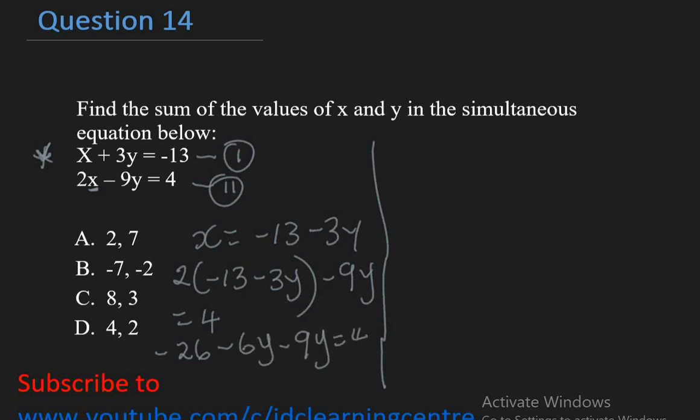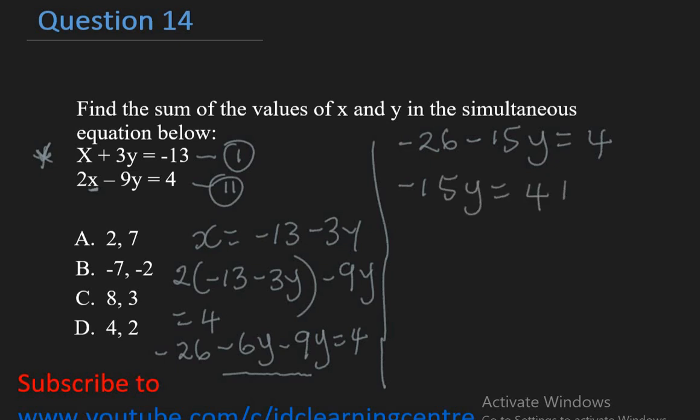equal to what? 14. Minus 26. Minus 6y minus 9y will give me minus 15y equal to 14. Collect like terms. Move minus 26 to the right hand side to meet 14. We have minus 15y equal to 14.